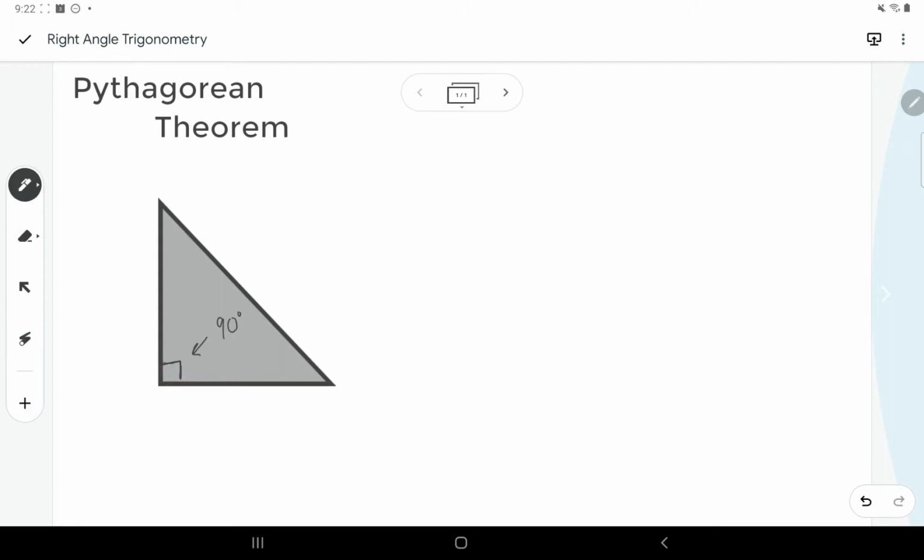Okay? So Pythagorean theorem states that if you have a triangle of side lengths A, B, and C, where C is the longest side, also called the hypotenuse, then you can find C using A squared plus B squared equals C squared.